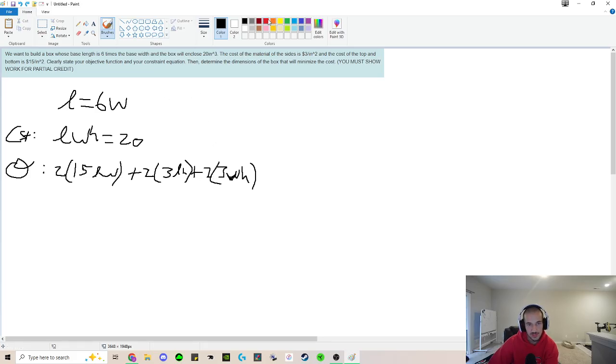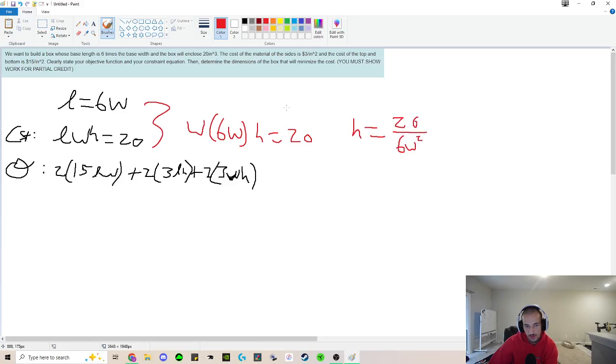So here we solve these. This one first is going to give us that length is 6 width. So using these, we're going to say that width times length times height equals 20. And this means now that h is going to be 20 over 6w squared. Okay, so now we plug everything in.